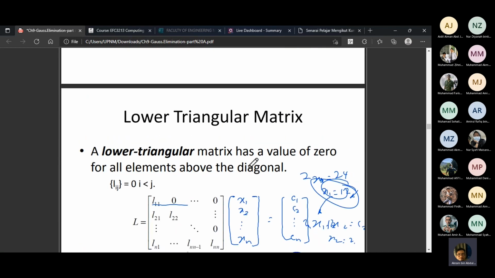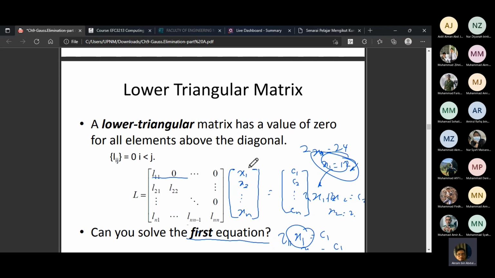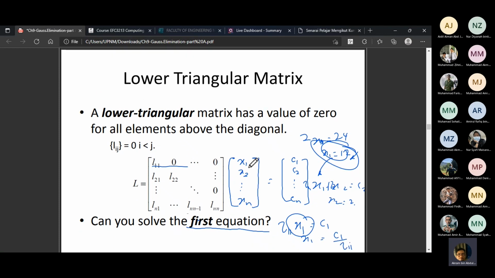So apa kelebihan lower triangular dengan upper triangular ni? So untuk lower triangular, okay, let us see the first row when we do multiplication. Okay, katakan kita ada dalam bentuk matrix system of linear equation kalau kita represent balik.